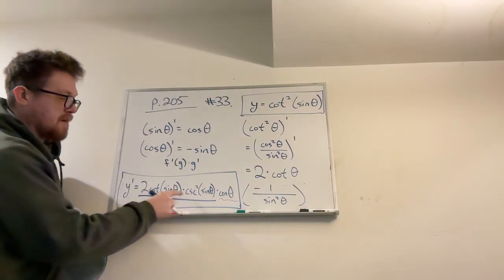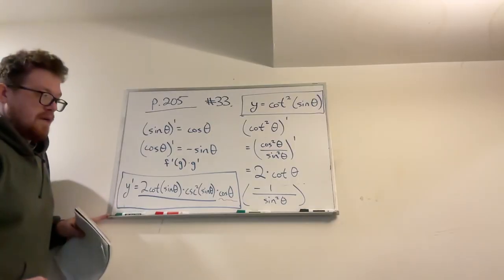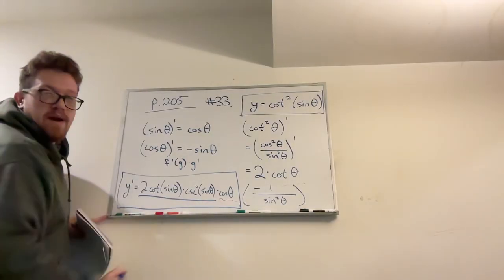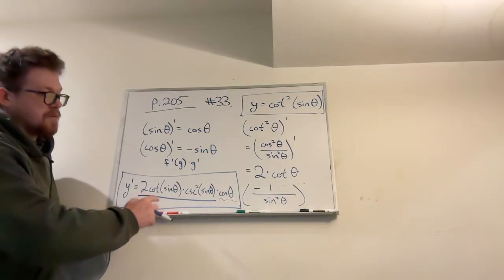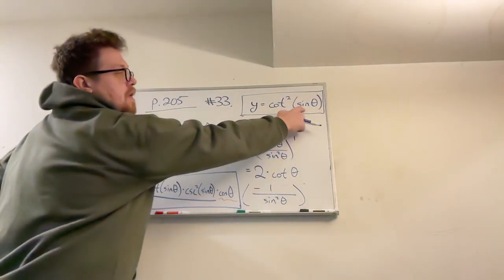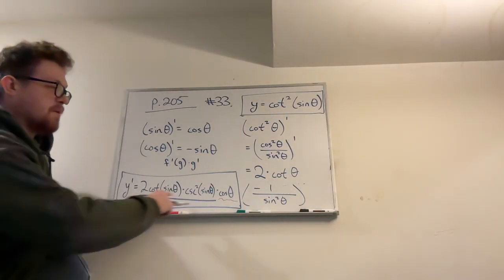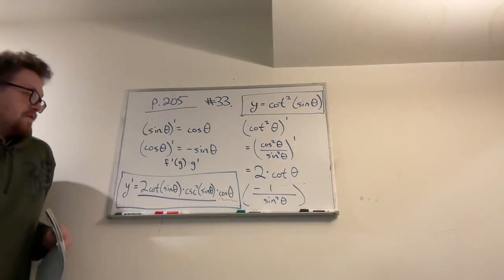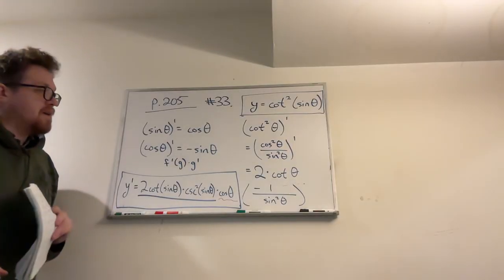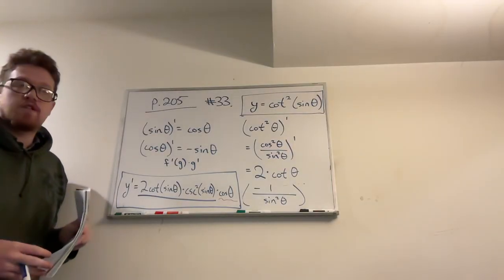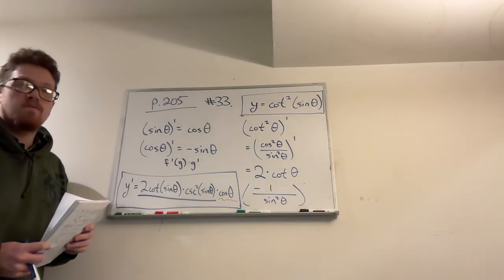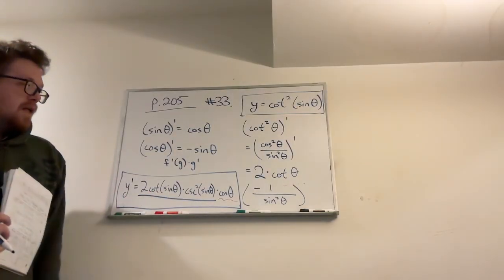We plugged in sine theta here, as you can see. And then on the right with the red underline here, cosine theta is just the derivative of the inside function, which is sine theta. Derivative of sine theta is cosine theta. So that's how we get this derivative. And you can check this on Wolfram or some algebraic derivative software, and you'll see that this is correct.